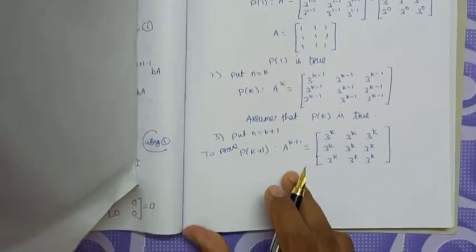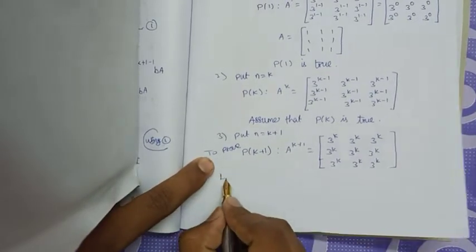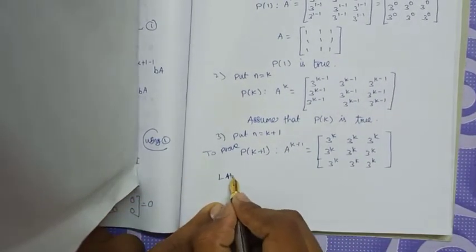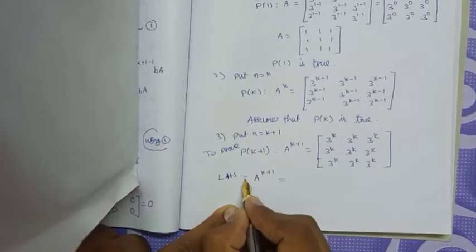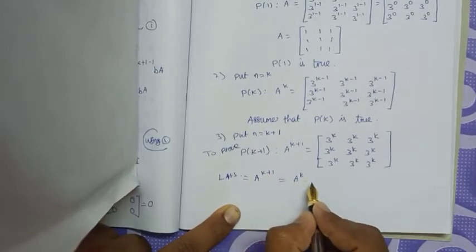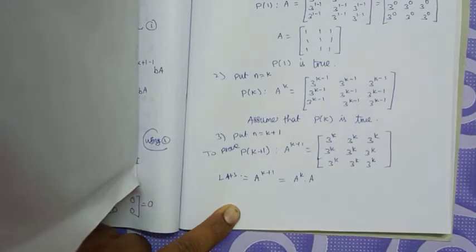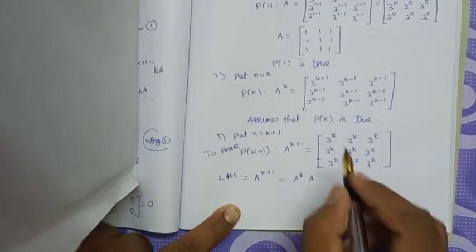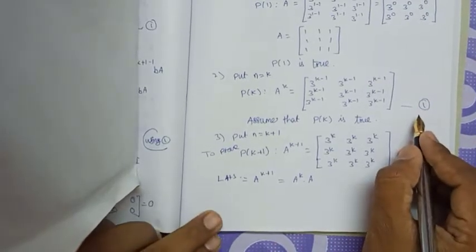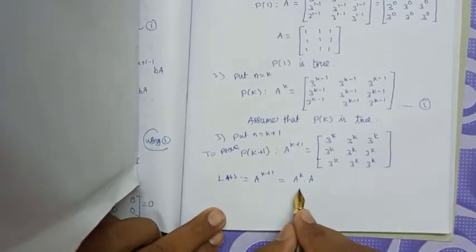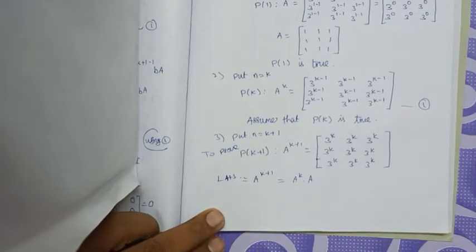What is the left hand side here? A^(k+1). So A^(k+1), we can write A^k into A, this is also possible. Okay, so we know the A^k value is here, we consider this equation 1, using the condition 1 and we have proved the result.